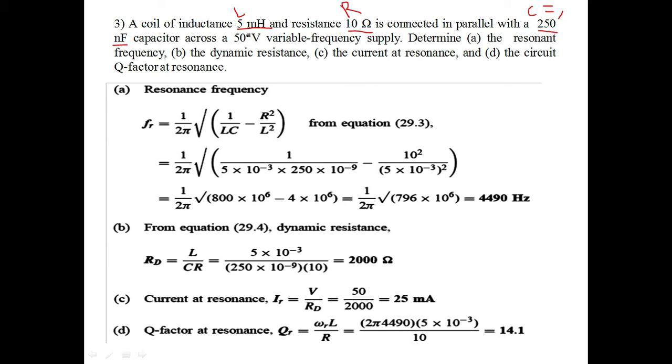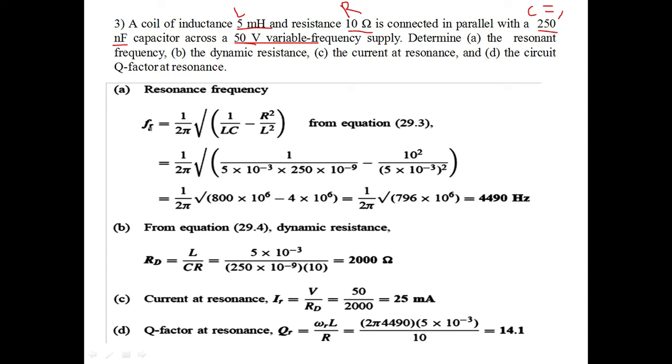The voltage drop across the capacitor is 50 volt, with a variable frequency supply. Find the resonant frequency FR. Second parameter is the dynamic resistance. Third is the current at resonance, and fourth is the circuit Q factor at resonance.